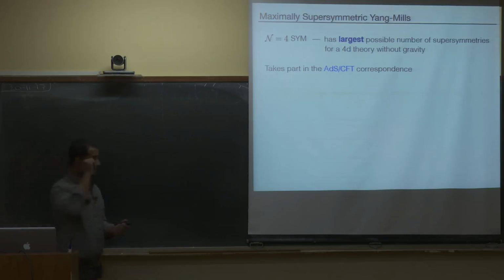Okay, so let's come to maximally supersymmetric Yang-Mills, N=4 super Yang-Mills in 4 dimensions.